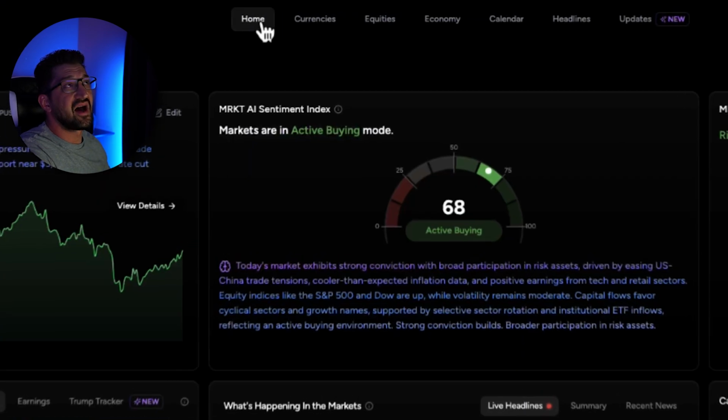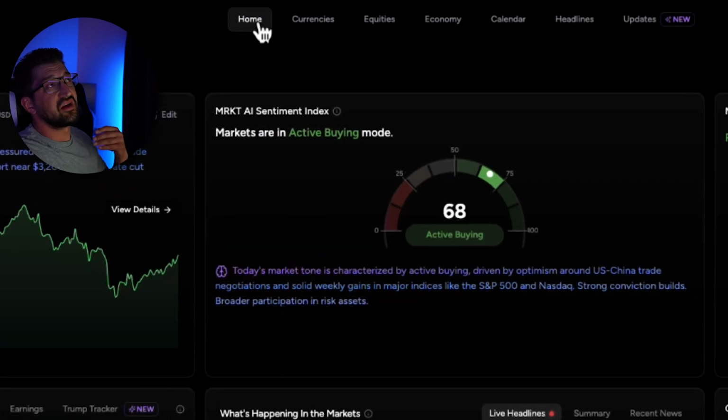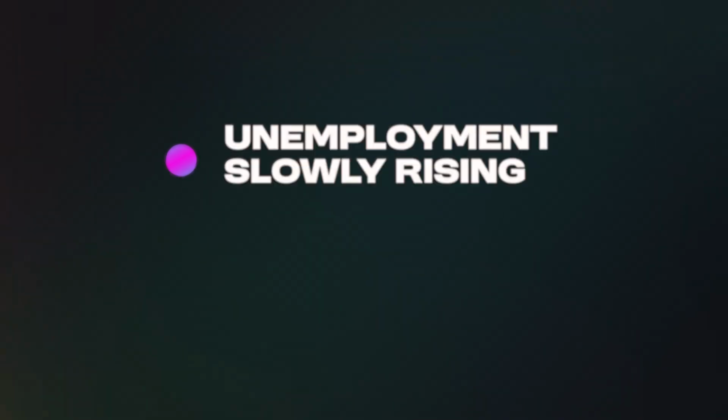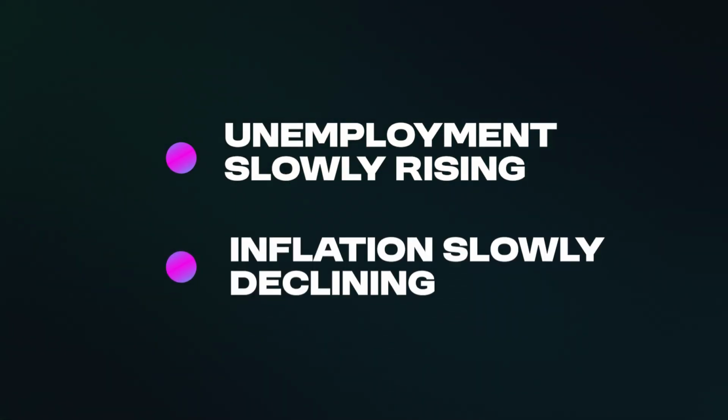The next thing we're going to look at is the market sentiment. We've just discussed fundamentals: interest rates the same, unemployment slowly rising and inflation slowly declining.